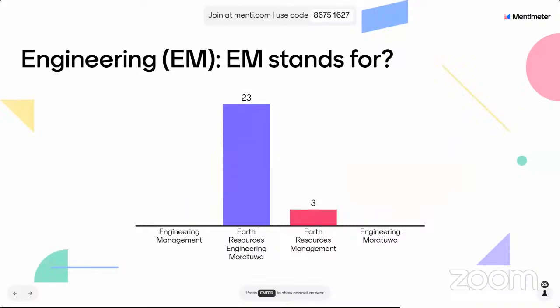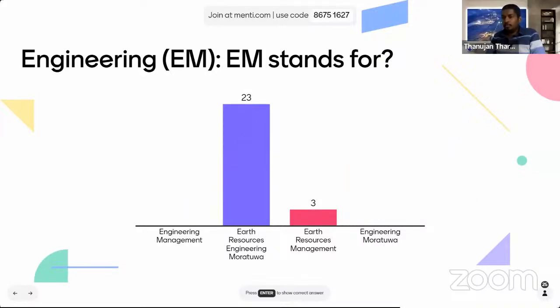Okay, it's good to see you have a better understanding of it. Actually, EM denotes the Earth Resources Engineering Moratorium. But some of you still have some confusion, or feel it's Engineering Earth Resources Management, but it's not.